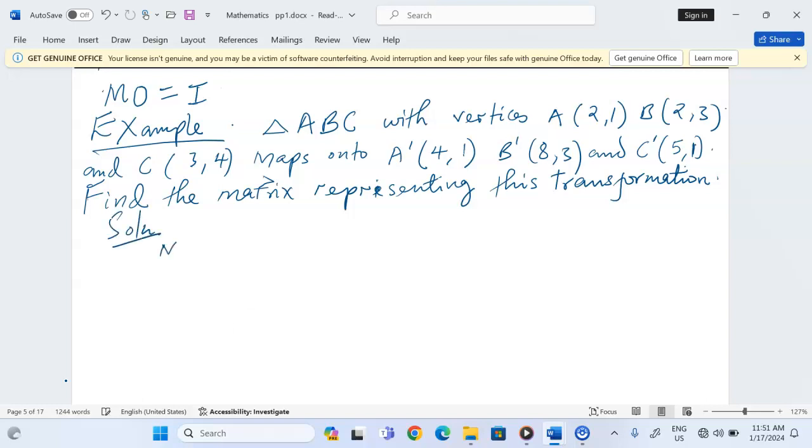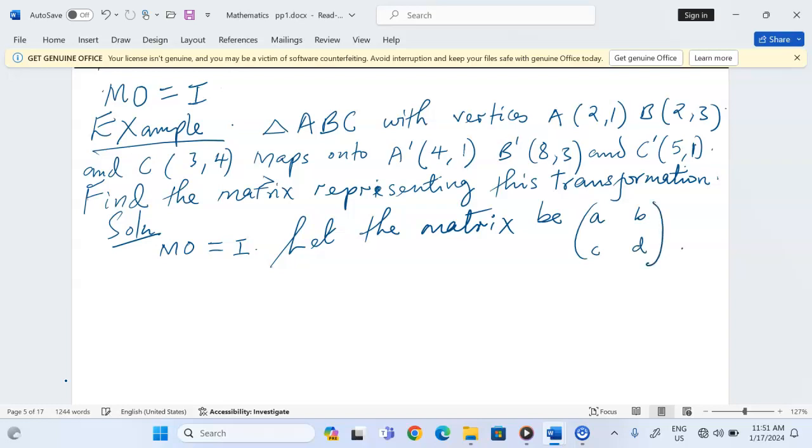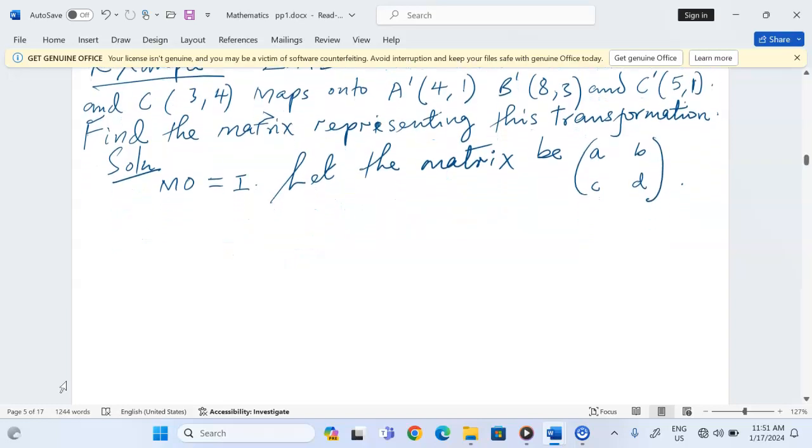We've already mentioned that matrix of transformation times object gives us image. So in this case, we can let the matrix be a 2 by 2 matrix with some unknown elements, for instance A, B, then C, D. So that when the object is pre-multiplied with such a matrix, we get the given image.